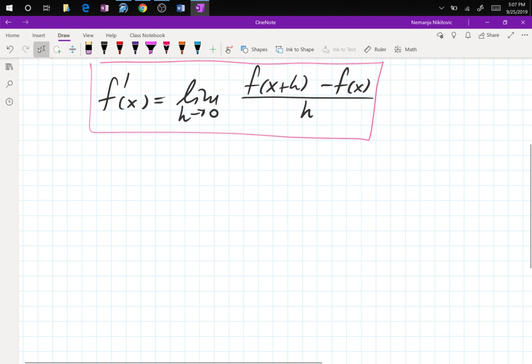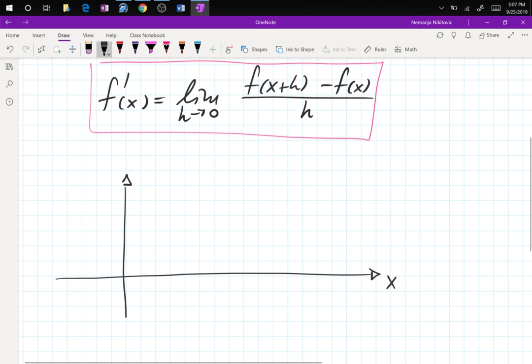And we start by observing a graph that has the function, which would be in black, and the derivative, which would be in red, graphed on the same coordinate system right here.